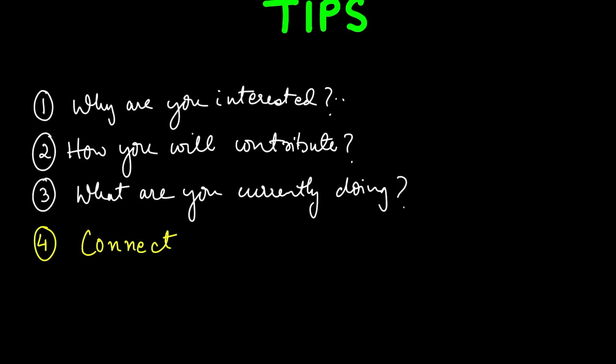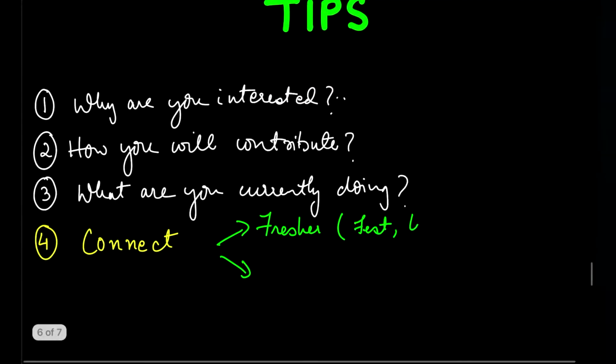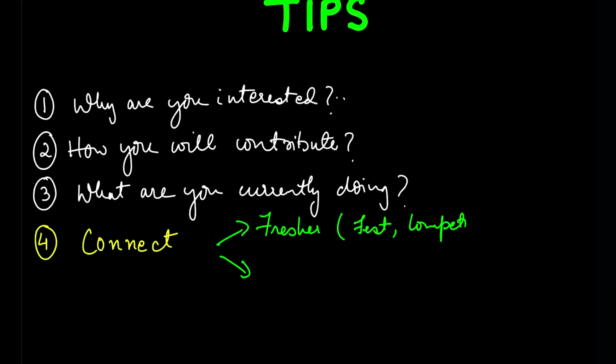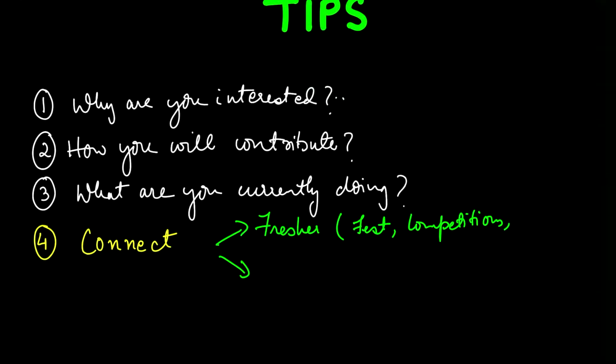How will you do that? This has a double deck thing. Like for the freshers who have just completed their college, you will have to focus more on your fests arrangement, some kind of competitions which you arranged in the college, some kind of voluntary work which you did in the college, all these kind of things.